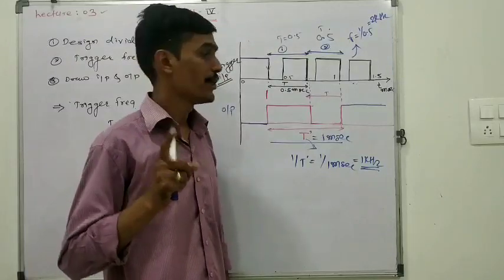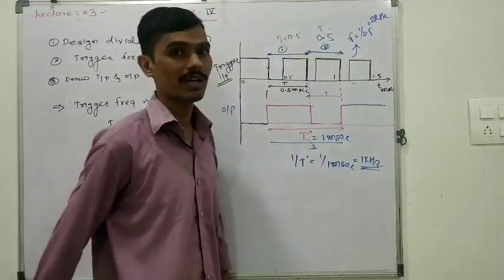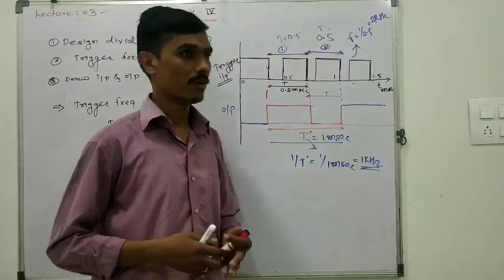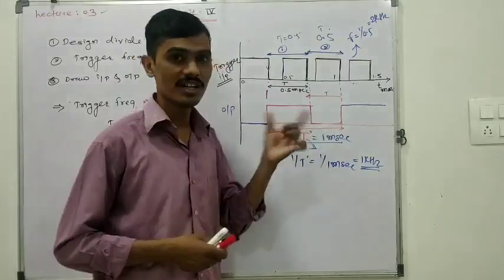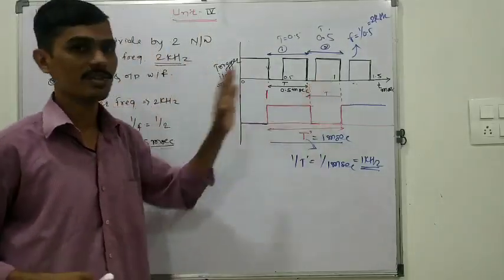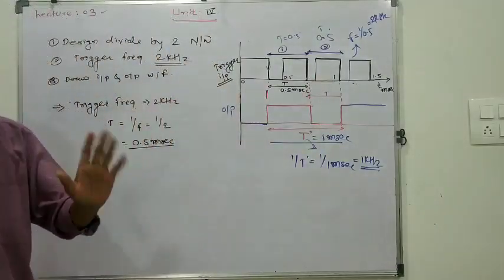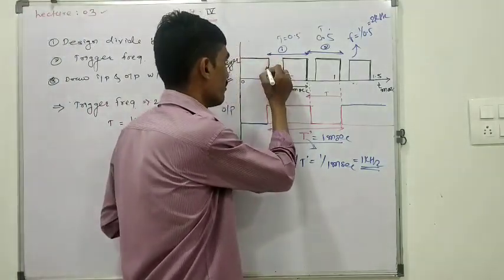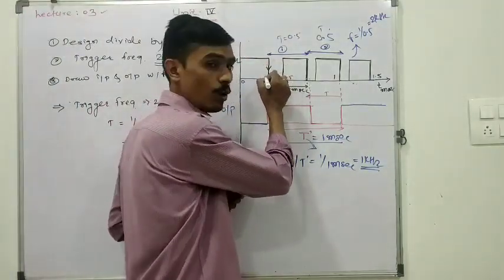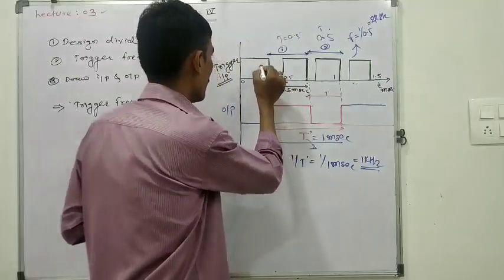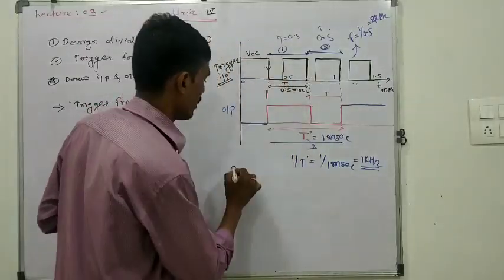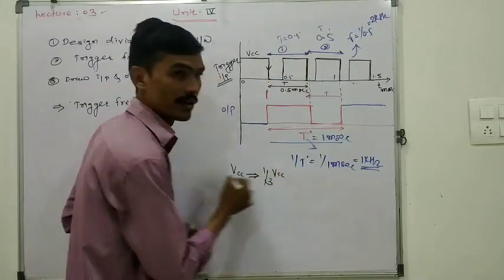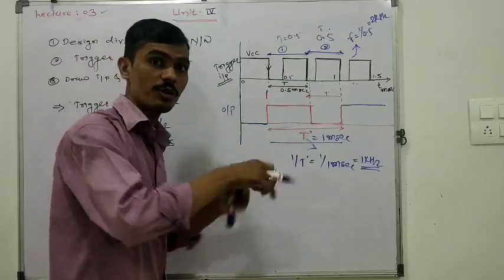That is the main issue while designing such a problem, that is the divide by 2 network, divide by 3 network, divide by 4 network. Until and unless you know how to decide the positive pulse width, you cannot solve this problem. If you look at the problem, whenever there is a transition from high to low, that means whenever the voltage, this is VCC, drops down to 1/3 of VCC, at that time the capacitor is going to charge.